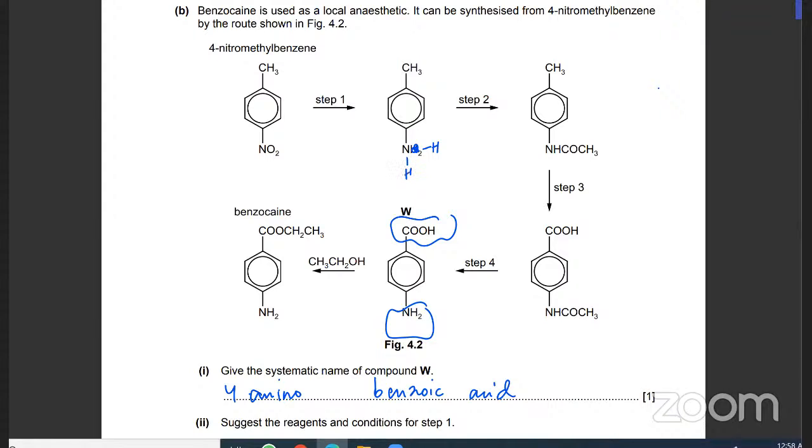So remember, amides are always made with acyl chlorides. तो COCl क्या होता है? वही acyl chloride है, CH3 COCl. ठीक है, so these two will join up and the H and the Cl will get knocked out, right? So remember, amides are always made with acyl chlorides.